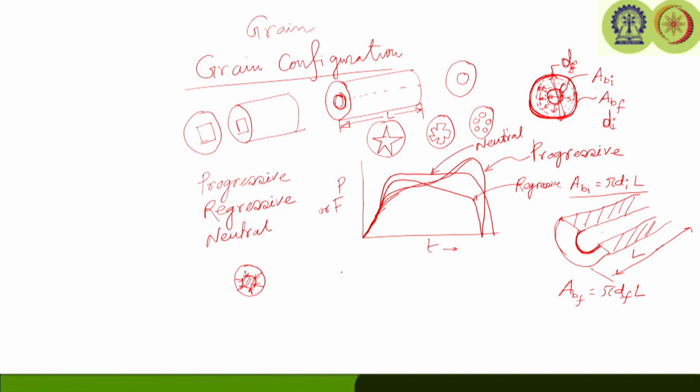Now, a typical example we can say is going to be the end burning rocket, where the grain is having the constant area. So, this is the grain of the rocket.